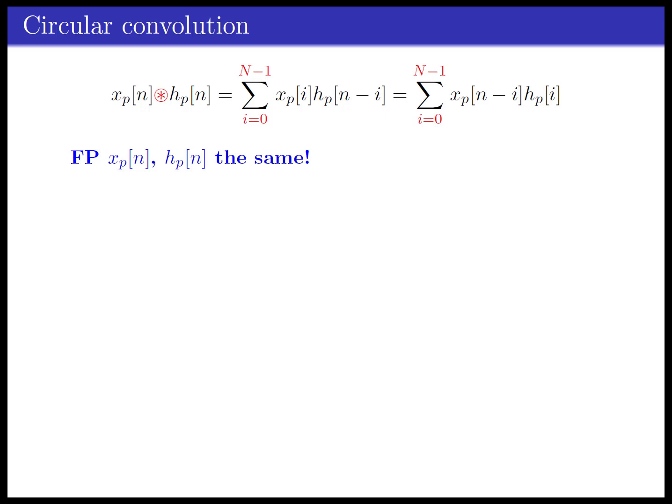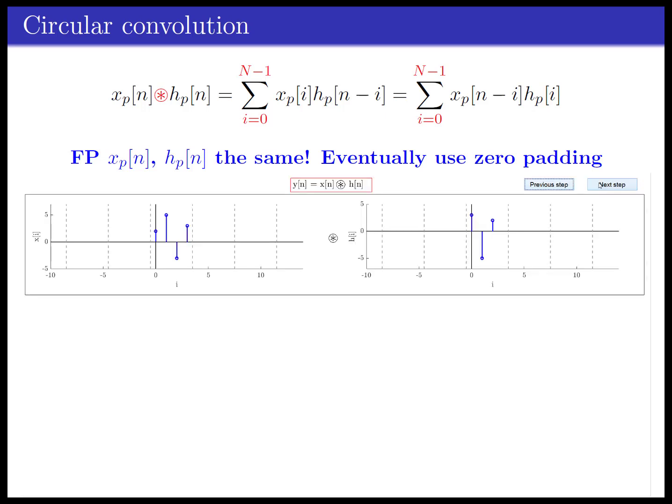It's important to realize that the fundamental periods of both x and h have to be the same, and in case this is not true, we have to apply zero padding to make these fundamental periods the same. In the following animation, we will show all intermediate steps of this circular convolution procedure.